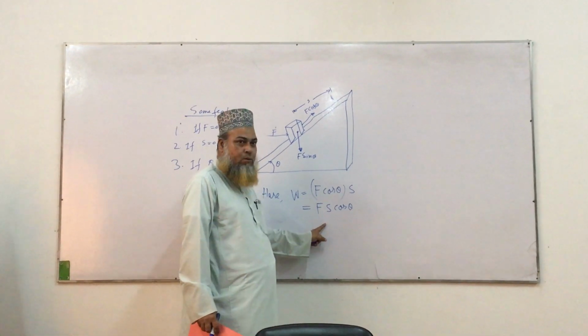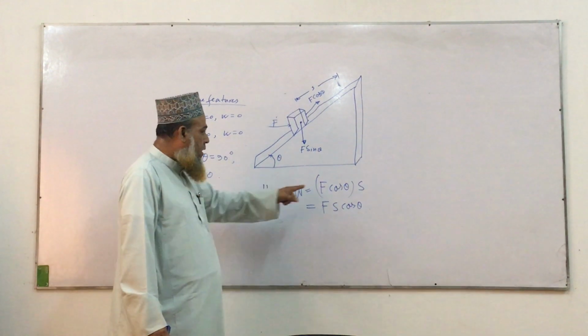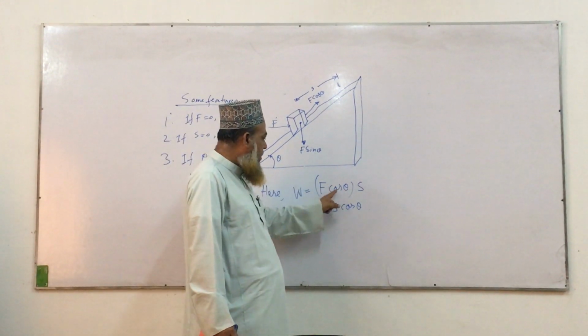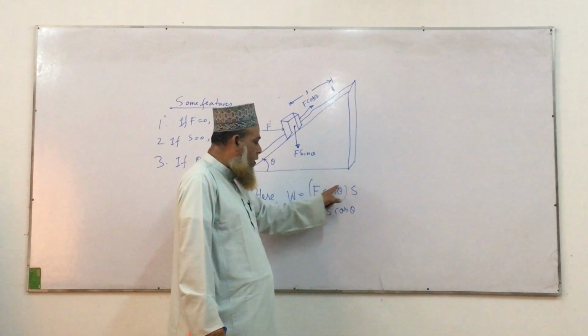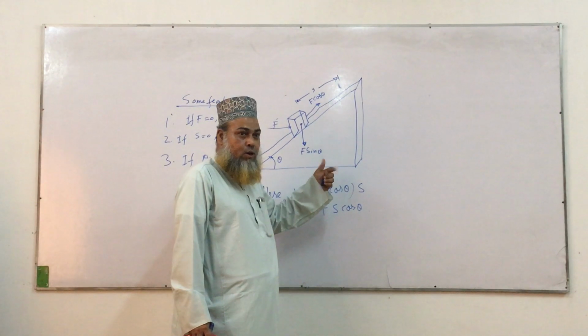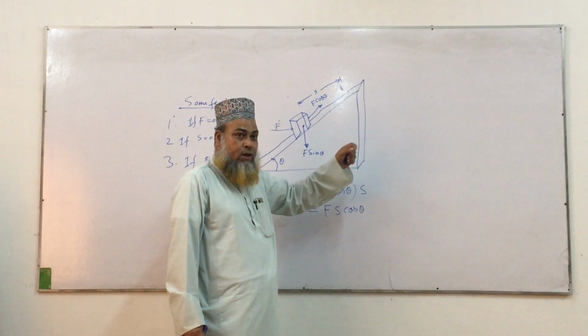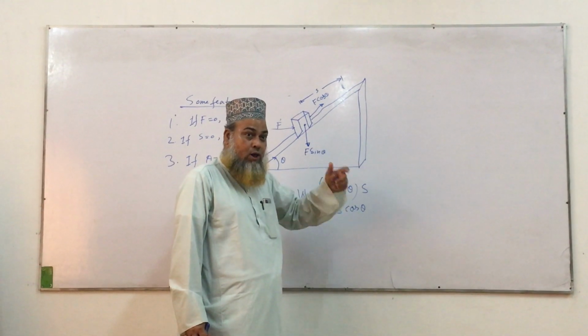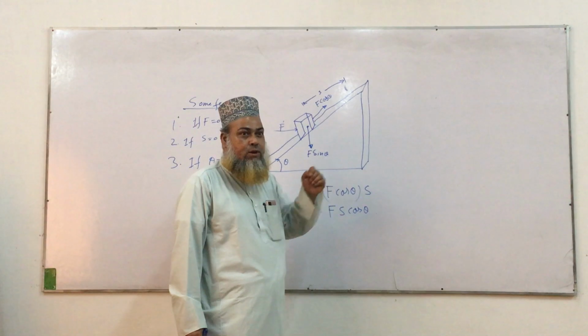So W is 0 when theta is 90 degrees. Put 90 degrees here, this is 0, the whole thing F cos theta is 0. That means you have to have a component of force along the displacement, otherwise the work will be 0.